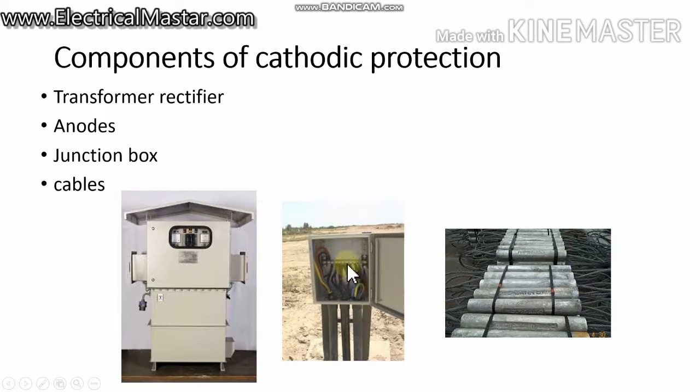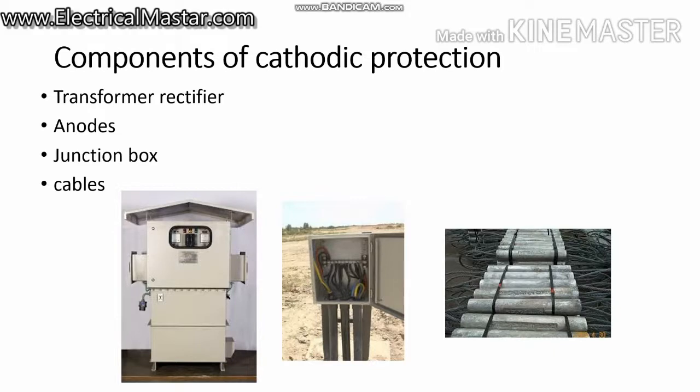From this junction box, there will be positive and negative 24 volt. The positive connects directly to the anode of the system. See here, this is the anode. We install these anodes underground, near the protected structure, maybe a pipeline.